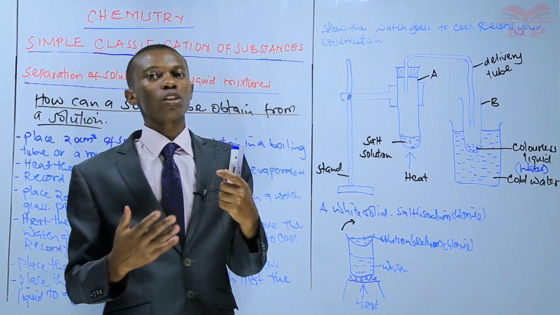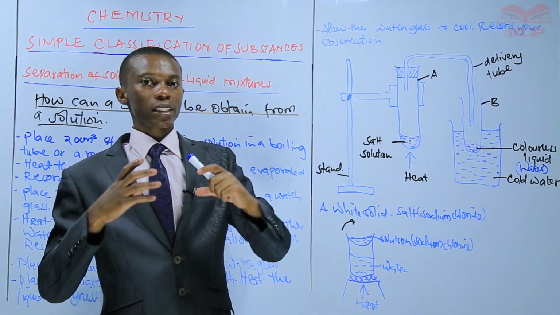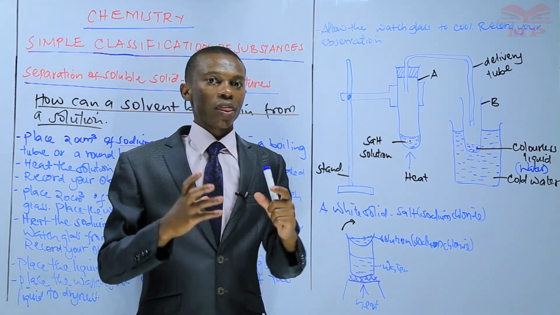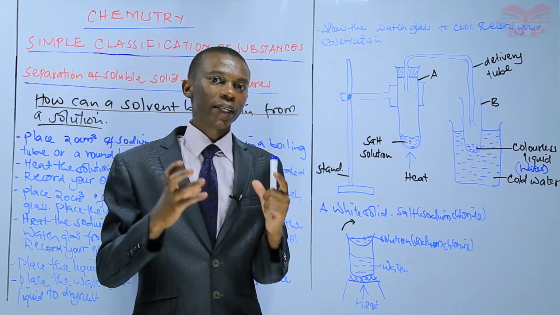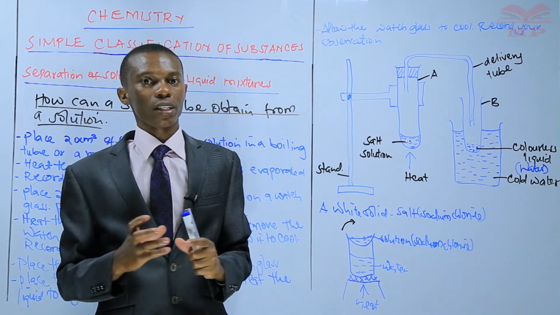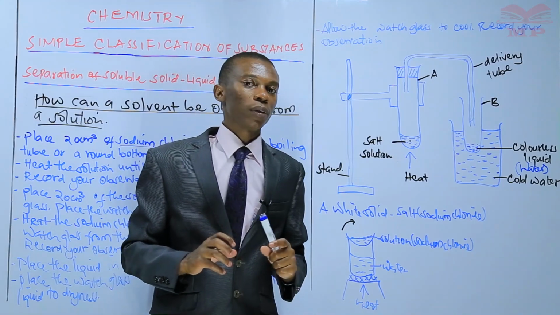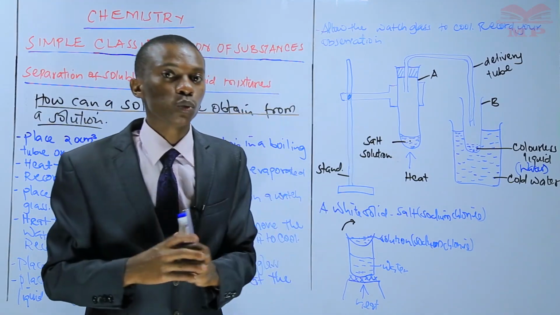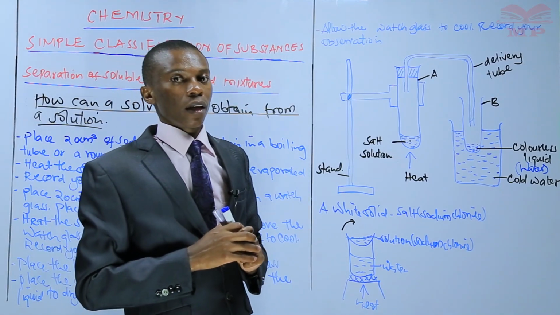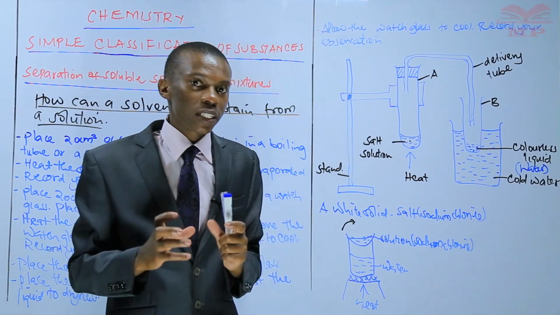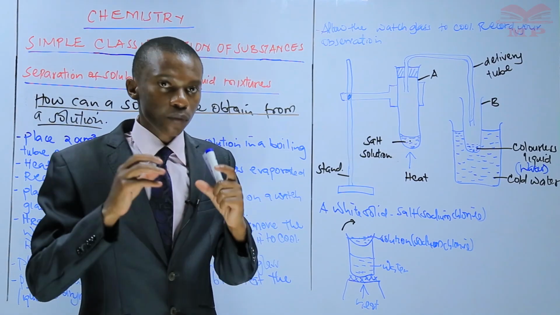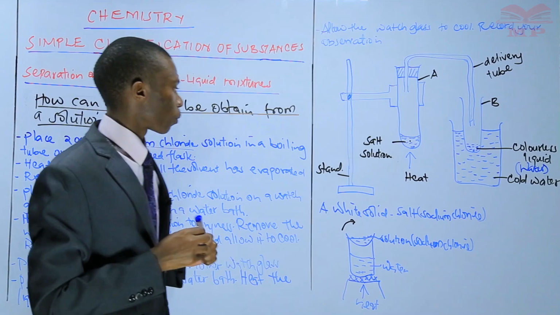And again, we have seen that the function of the cold water is to condense the hot water vapor into a liquid. And that is how we are able to obtain a solvent, which is now water, from a solution.